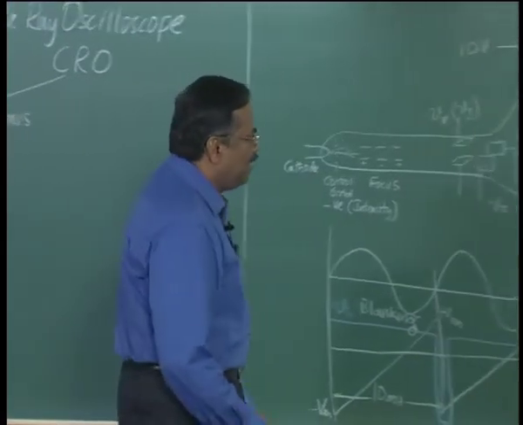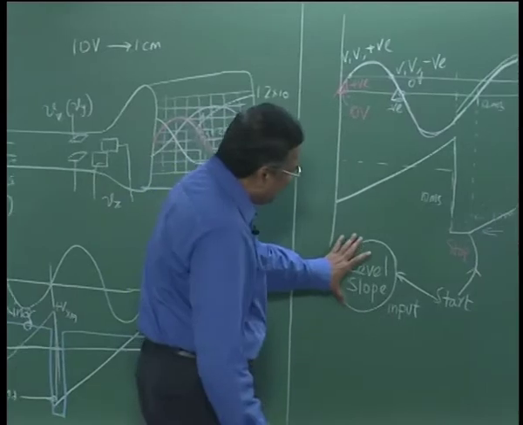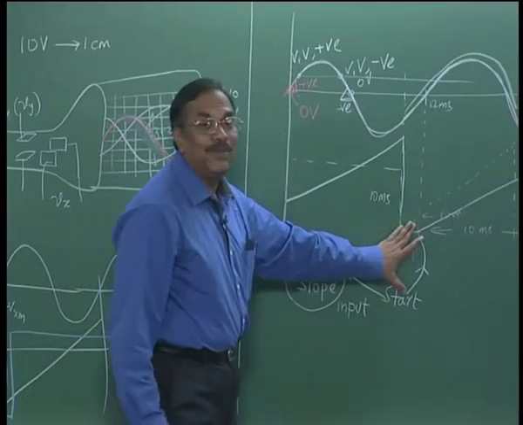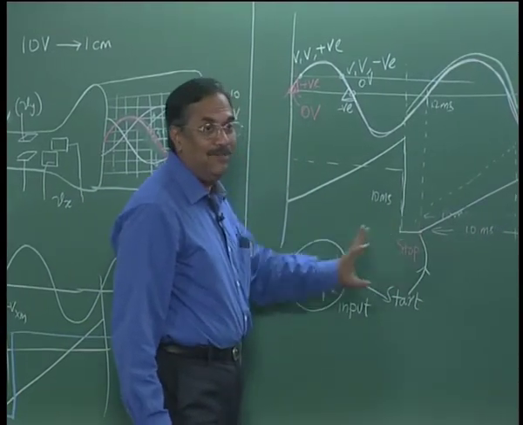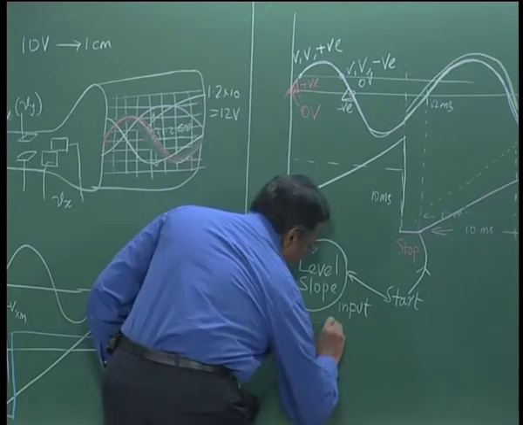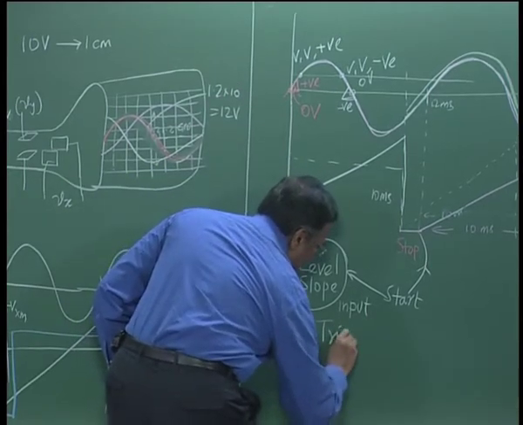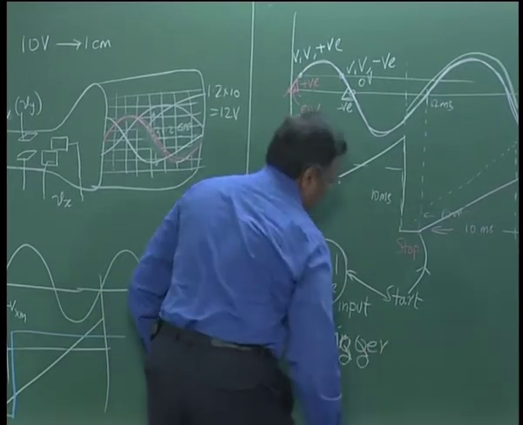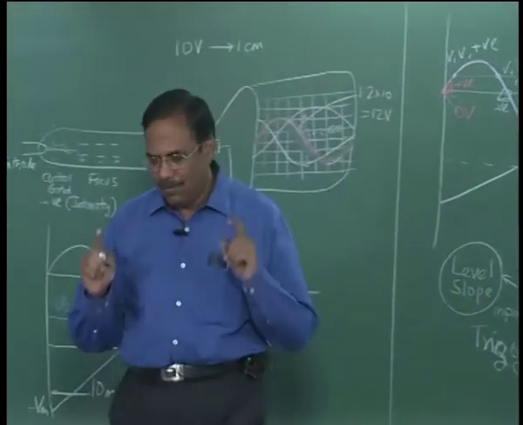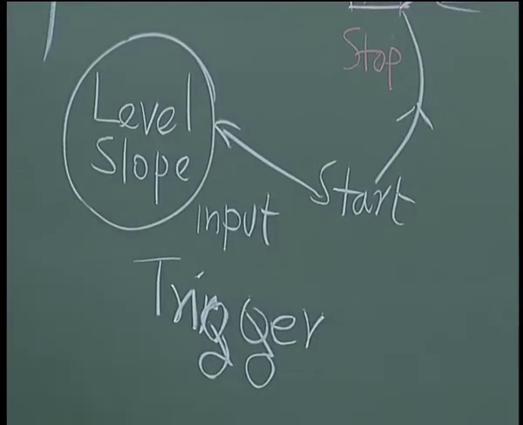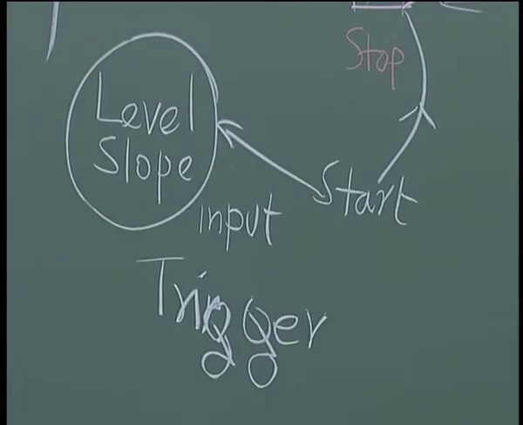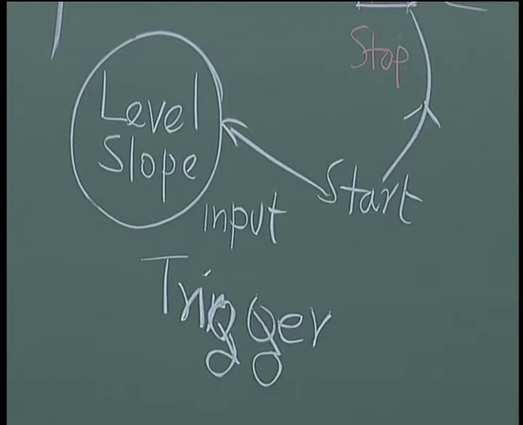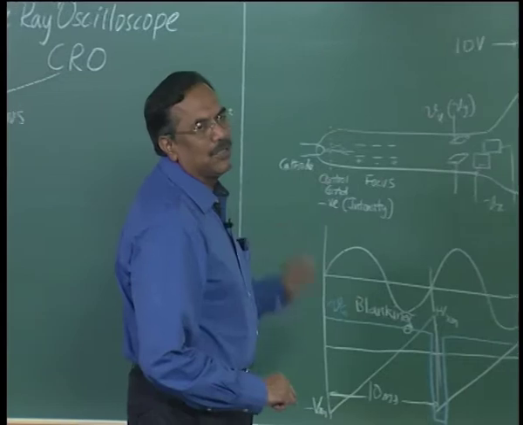So, the signal that I generate to make the sawtooth waveform start generating one wave is known as the trigger. We trigger the oscillator to generate one waveform, and the trigger is determined based on a set level and a set slope on my input.